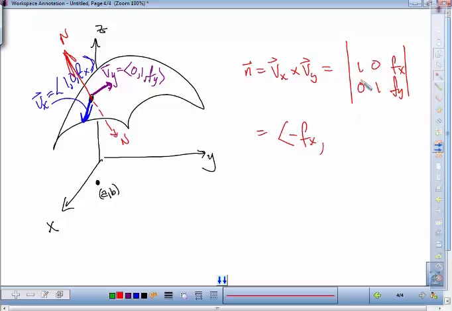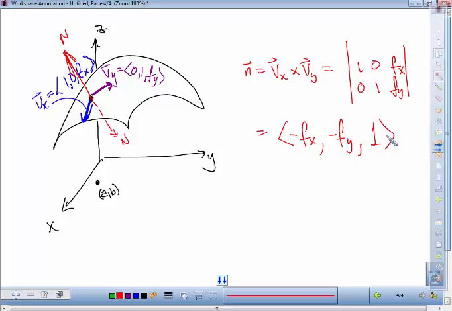In the j direction, it's negative, fy minus 0. And then in the k direction, it'll be 1. I wanted it the other way, so that fx and fy are positive. But, like I said, it doesn't matter.